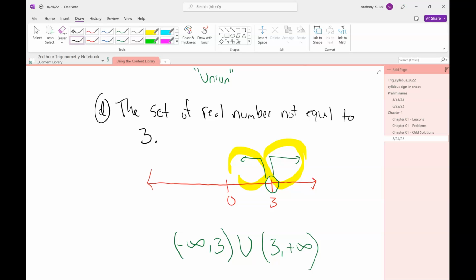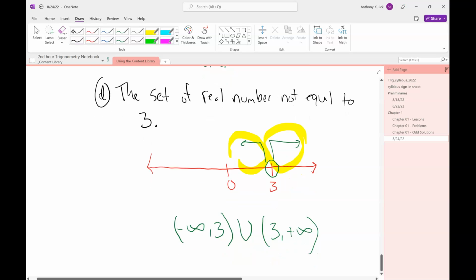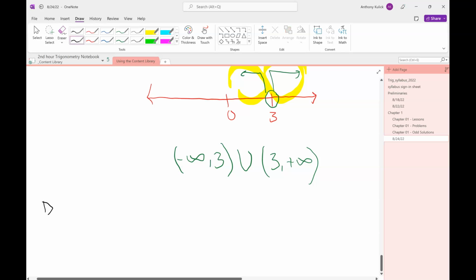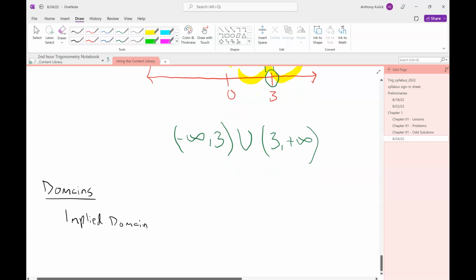All right. So let's talk about domains now. We have 2 kinds of domains, and we don't really talk about this much in our Algebra 2 class, but there's really 2 types of domains. There's an implied domain, and then there's a relevant domain.